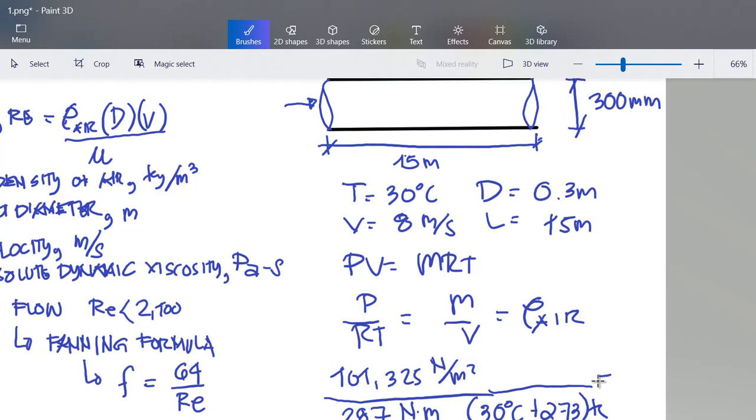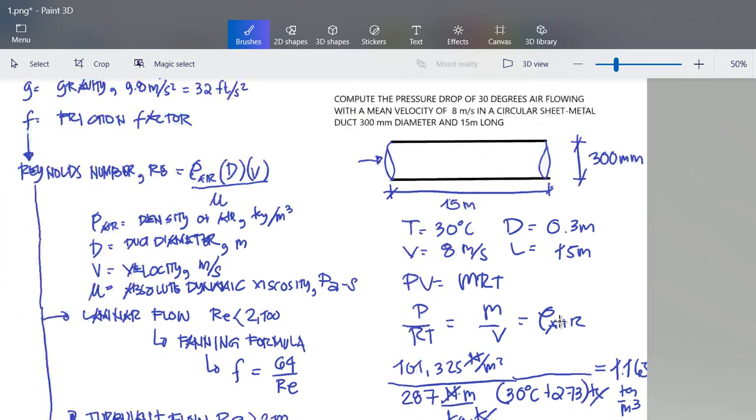So we have the density of the air, which is 1.1665. Magdugtungan pa natin. So Newton and Kelvin will cancel out, so we have kilogram per cubic meter. So 1.165.